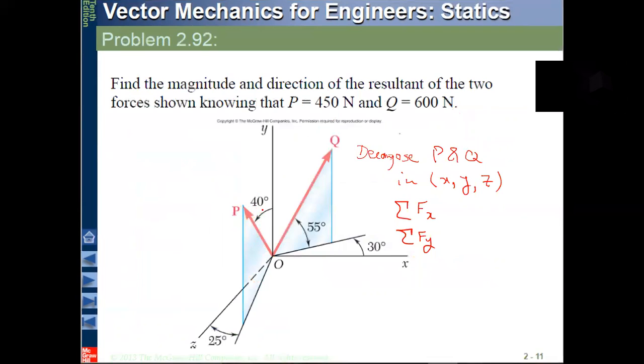For P, you have the angle between P and the y direction, and you have the angle between the projection of vector P over the xz plane and the z direction. So here we need to calculate the components of P and Q by using the angles that we have.